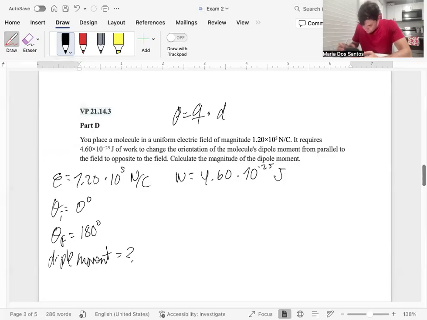Okay, we are going to be working with the potential energy formula.